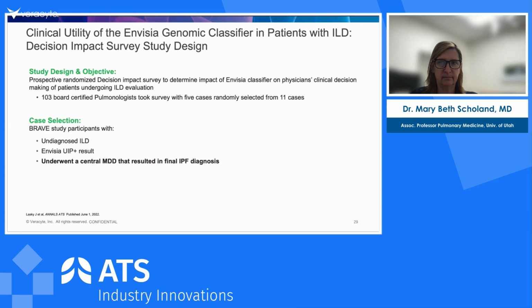So this was a study where 103 board certified pulmonologists took a survey. They saw 5 cases that were randomly selected from 11 cases from the BRAVE study.